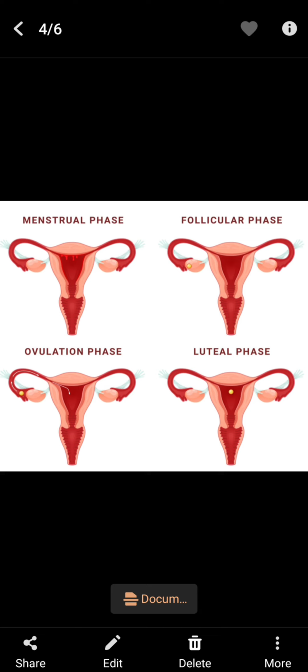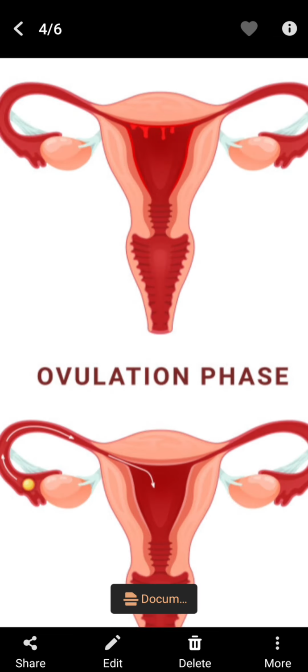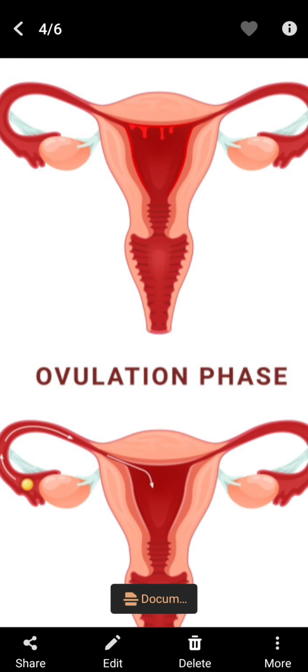The third phase is the ovulation phase, and it occurs on the 14th day. Luteinizing hormone has an influence in this phase. The egg will get released from the ovary through the fimbriae and goes to the fallopian tube.